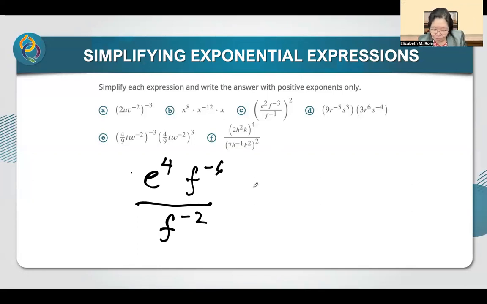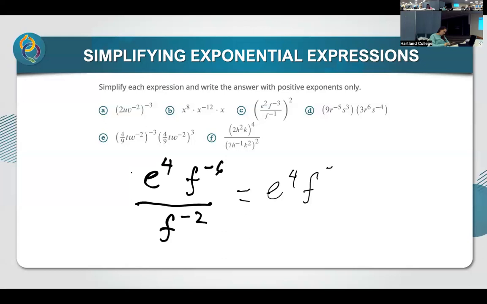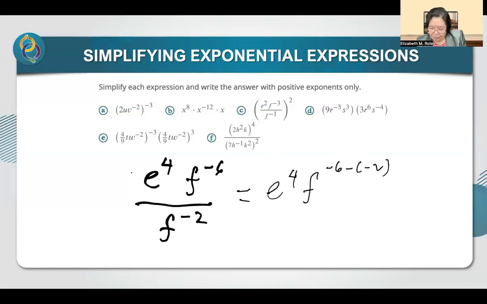There are two ways of doing it. You say e to the 4th f raised to the -6 minus -2, which is now e to the 4th f to the -6 plus 2, which is e to the 4th f to the -4.